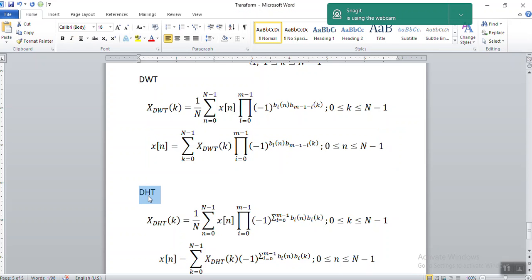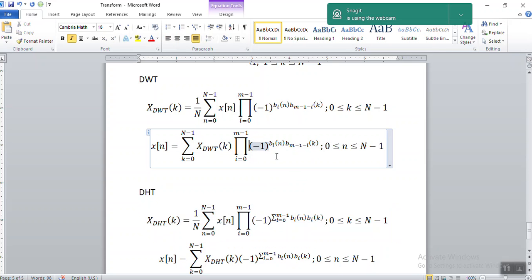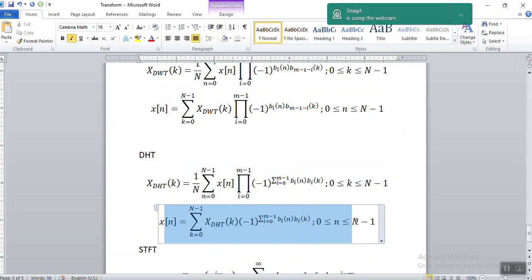This is also based on rectangular waveforms rather than sinusoids. If capital N is equal to 2 to the power m, then the discrete Hadamard transform is represented by something like the discrete Walsh transform, but instead of that b_i term, it is the summation over i from 0 to m minus 1 of b_i(n) b_i(k). And similarly, the inverse Hadamard transform is this. These are actually different versions of the DFT only.